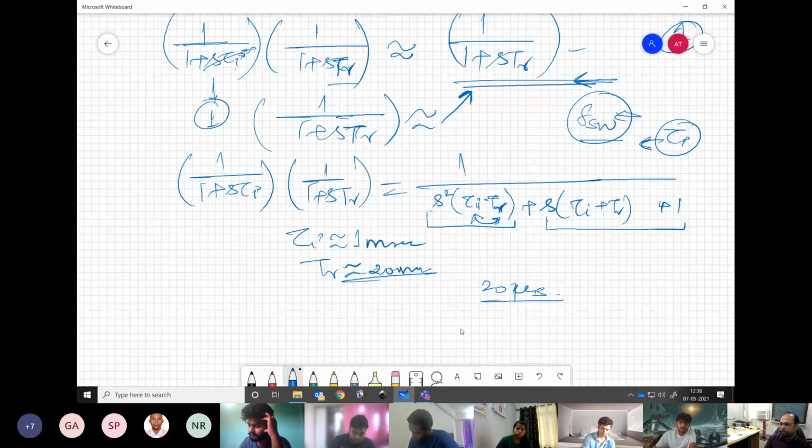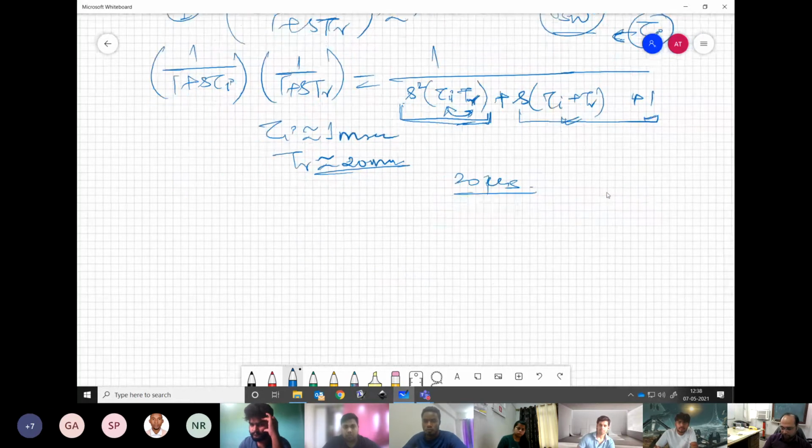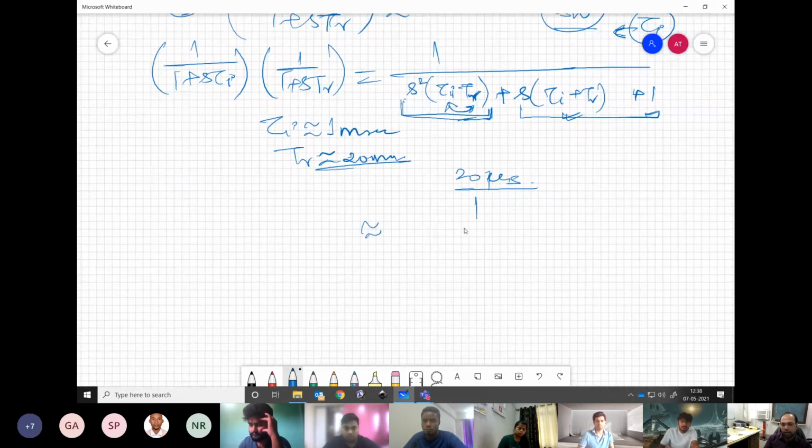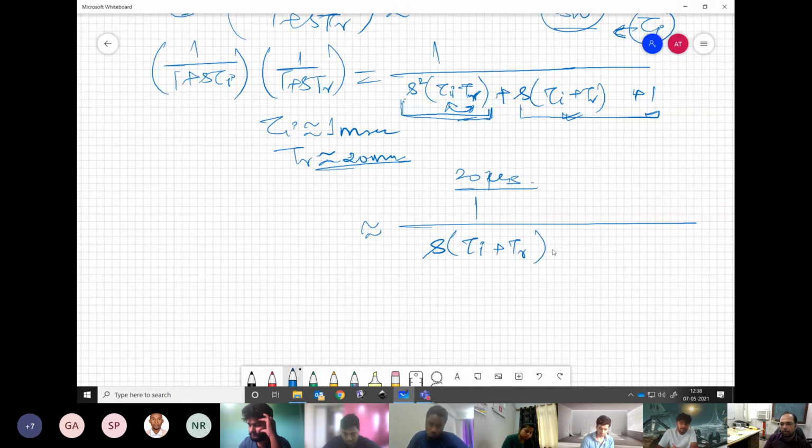Understanding my point? Yes, sir. So this term s squared into tau I into TR is very insignificant compared to the other two terms. So then we can approximate this second order system as a first order system where it considers the tau I also partially. So something like this.